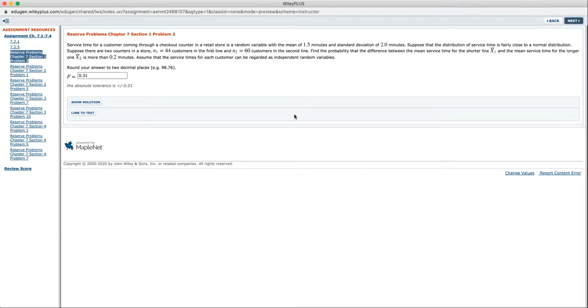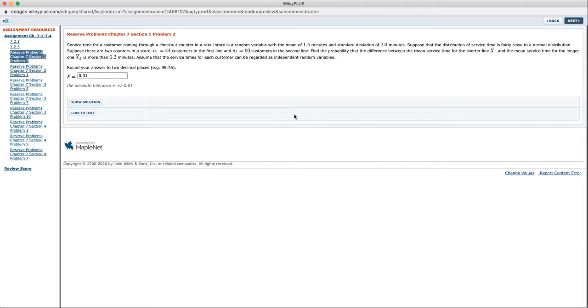The population here is the set of all service times for a customer coming through the checkout counter. Suppose that the distribution of service time is fairly close to a normal distribution, so the population is normally distributed. Now you can use the CLT.